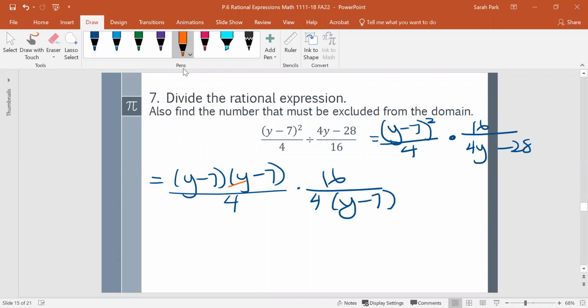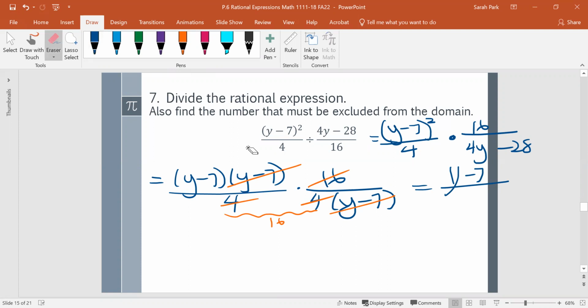Then we can see the y minus 7 cancels. 4 times 4 is 16, so that cancels the 16 out. What we have left is y minus 7, and I think that's it actually. We don't have anything in the denominator, so we don't need to write that. So just y minus 7.